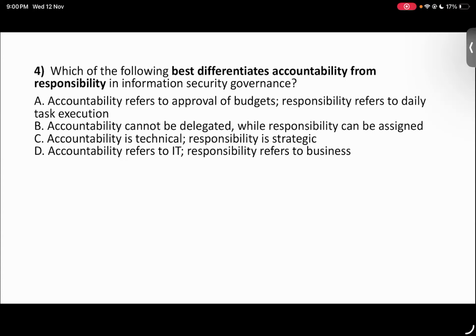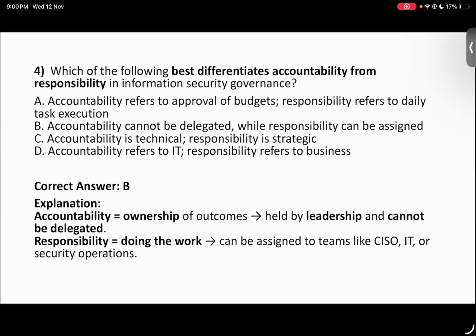Accountability is referred to IT. Responsibility refers to the first one. First one, no? So the second. What they are saying is that the best differentiation of accountability and responsibility in information security governance is B. Accountability cannot be delegated while responsibility can be assigned.